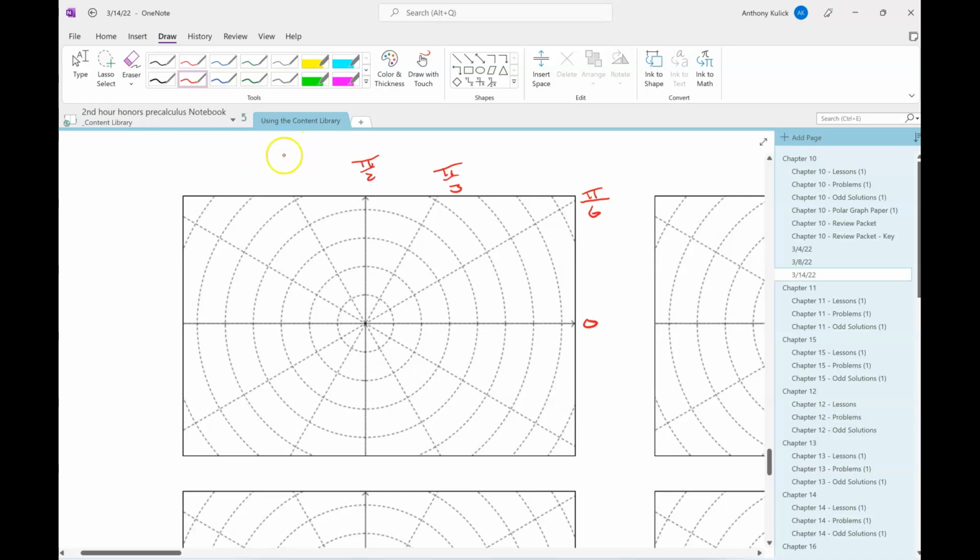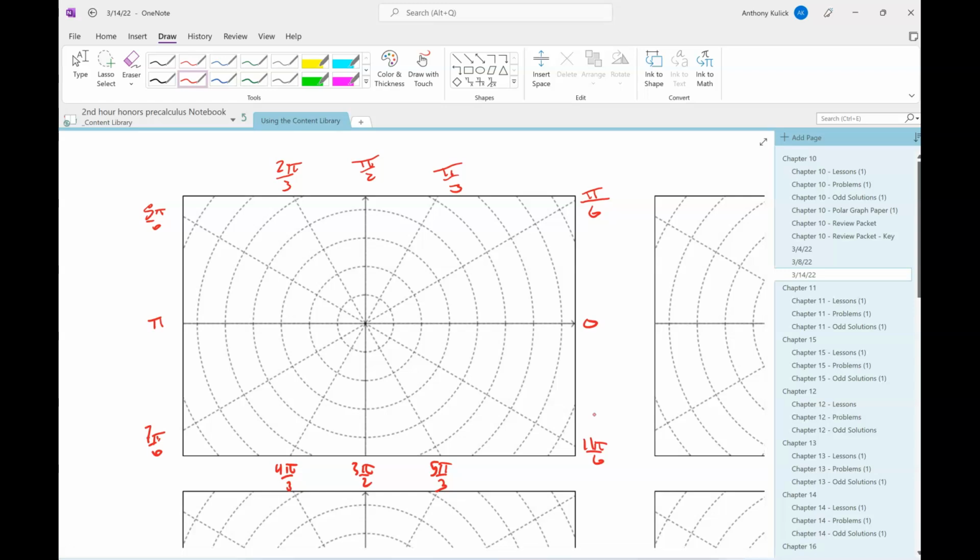And this would be 2 pi over 3, 5 pi over 6, pi, 7 pi over 6, 4 pi over 3, 3 pi over 2, 5 pi over 3, and then 11 pi over 6. Everybody okay with that idea?